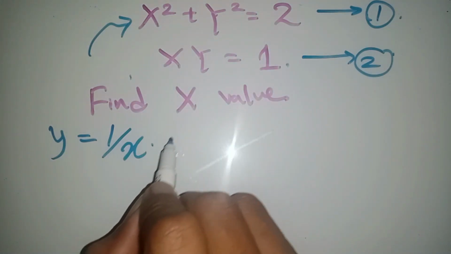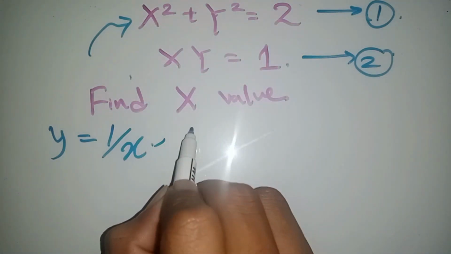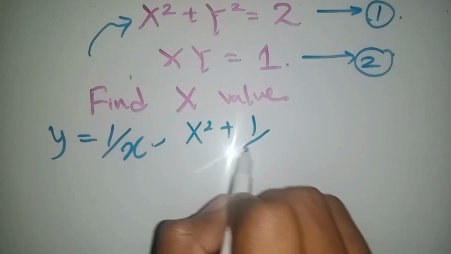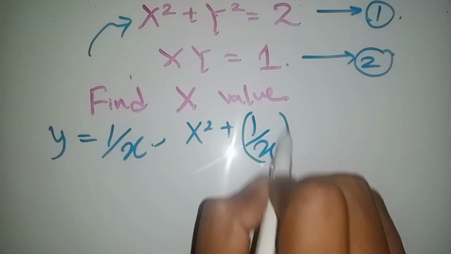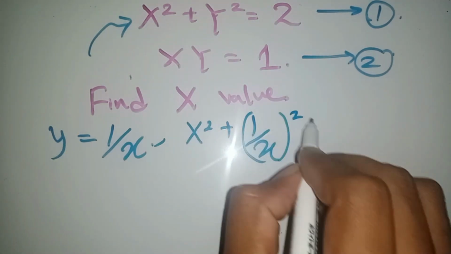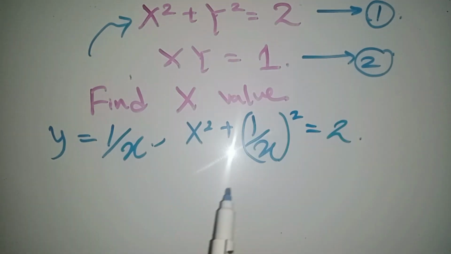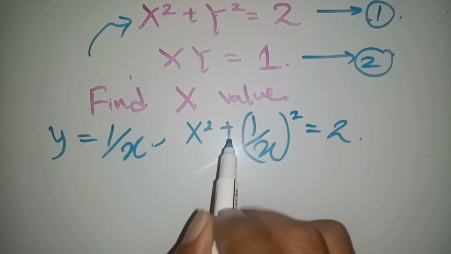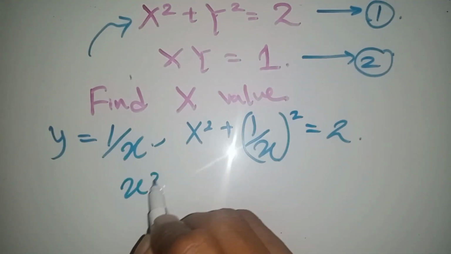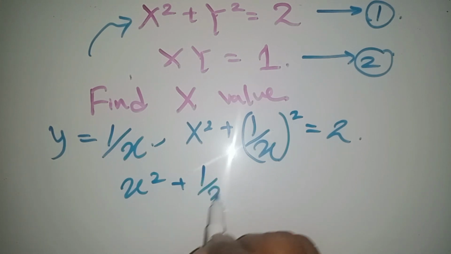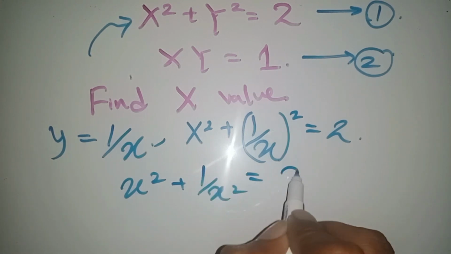Then I can rearrange my first expression as x square plus (1 divided by x) in brackets, second power equals 2. Then I can simplify this expression as x square plus 1 divided by x square equals 2.